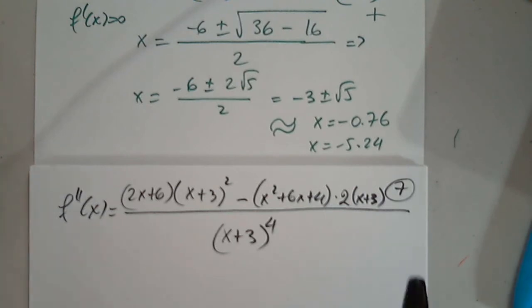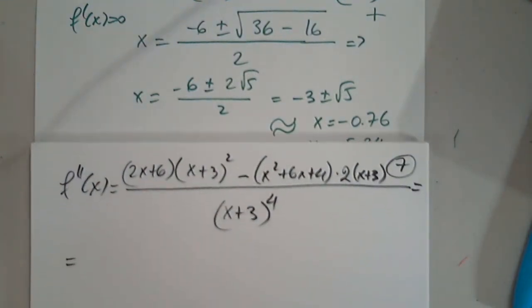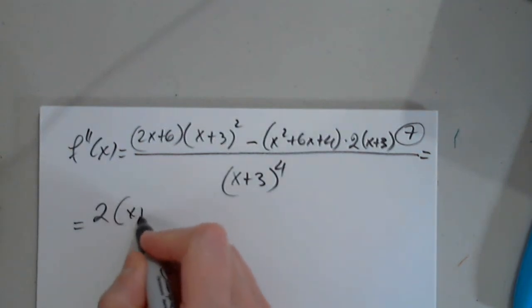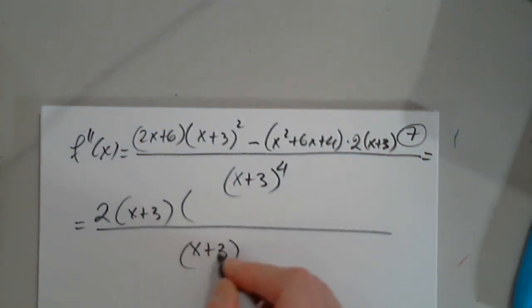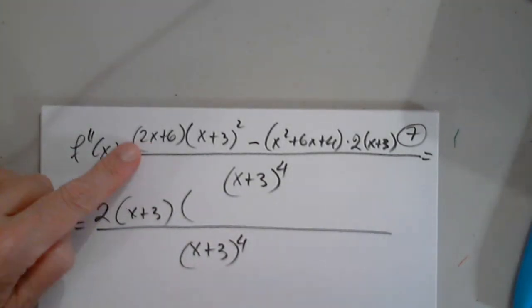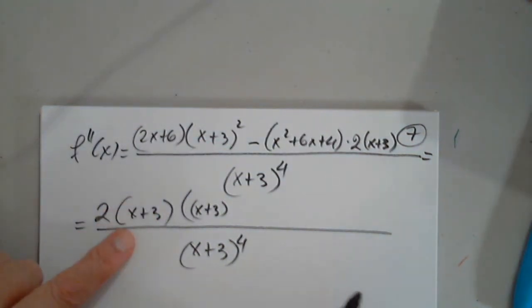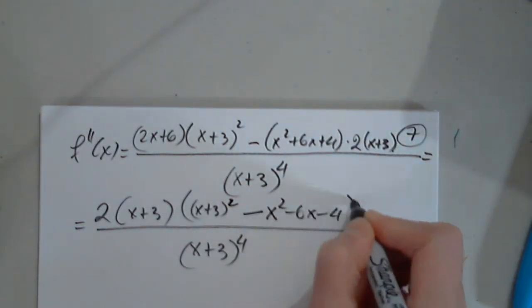Okay. I will factor out an x plus 3, of course. And I also could factor out a 2. I have to be careful not to forget what I'm doing. So I took out a 2 from here, so an x plus 3 is left inside. And I took an x plus 3 out from here, so another one is left. Nice. I took out 2 in this, and so now I have negative x squared minus 6x and minus 4.